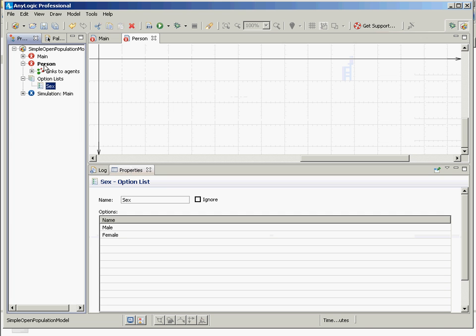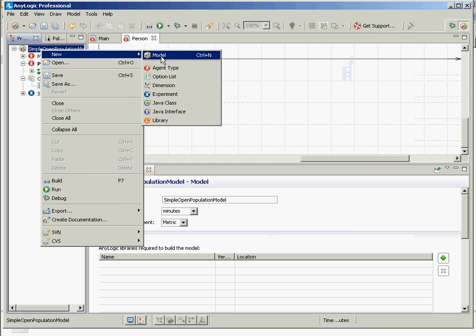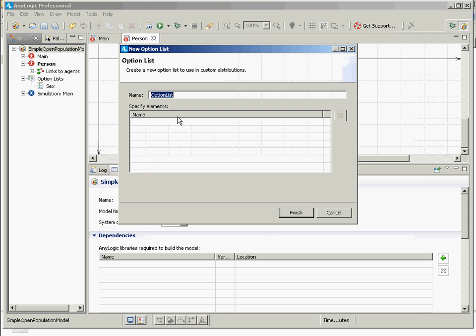It will force us to say it's either male or female. That's good. Secondly, we'll add an option list for ethnicity, and well, this one is much more tricky.